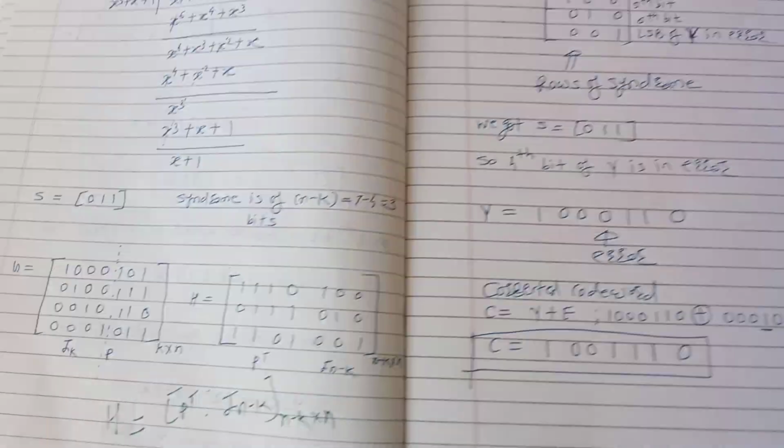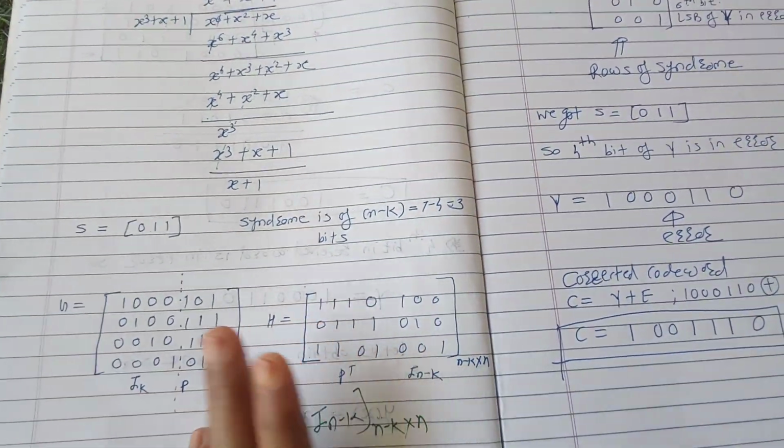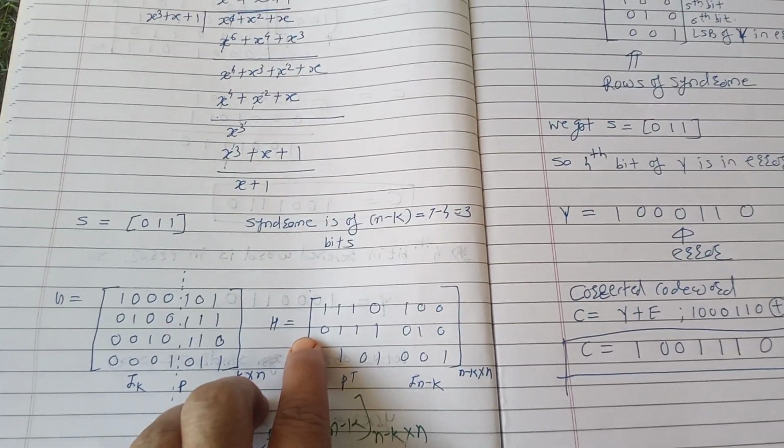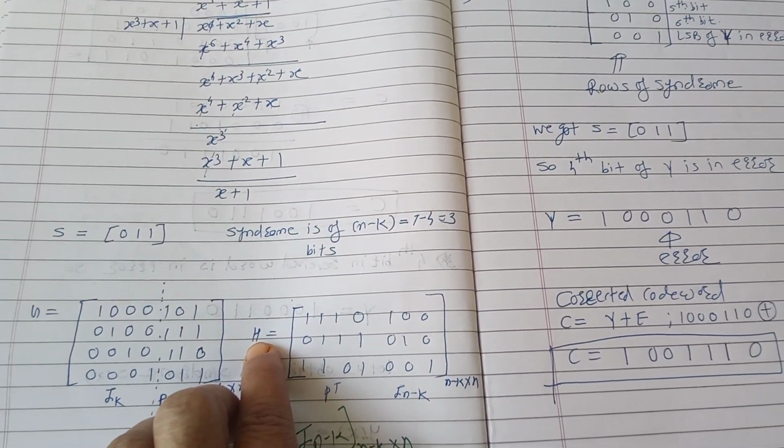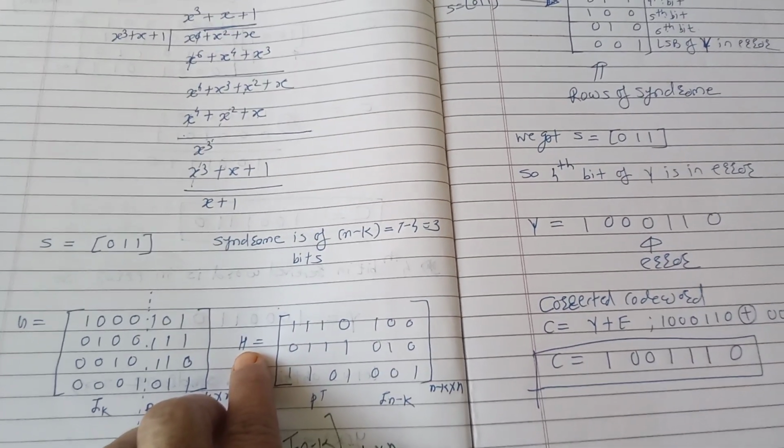After that, what is the role of the parity check matrix? Now this is the parity check matrix. Take the transpose of this parity check matrix.